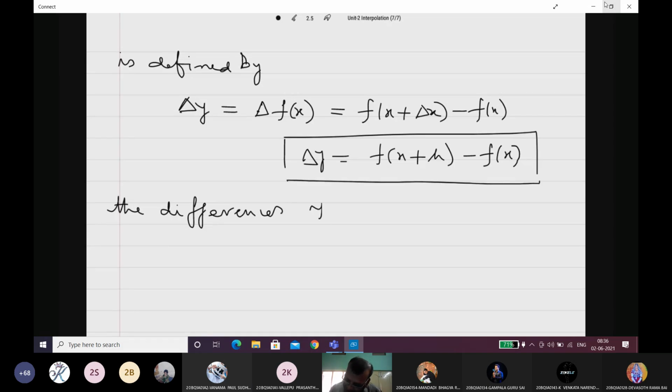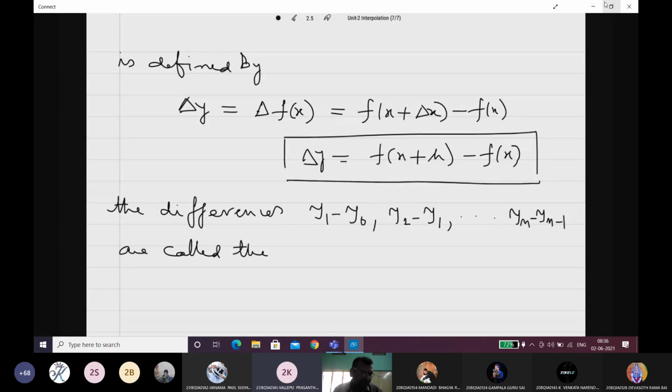Actually, y1 minus y0, y2 minus y1, etc., yn minus yn minus 1 are called the first forward differences.